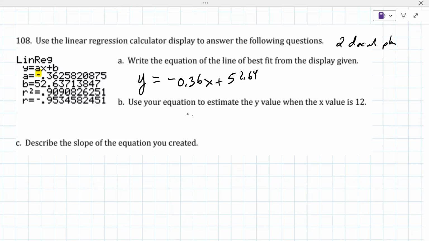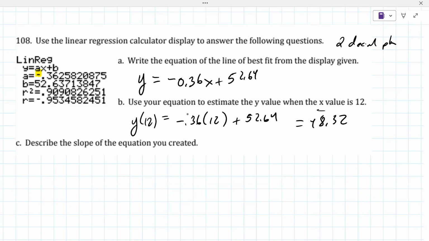And then they could give you an X to find Y. They're actually asking to find Y when x is 12. You do that for us, please. So 0.36 times 12 is 48.32.